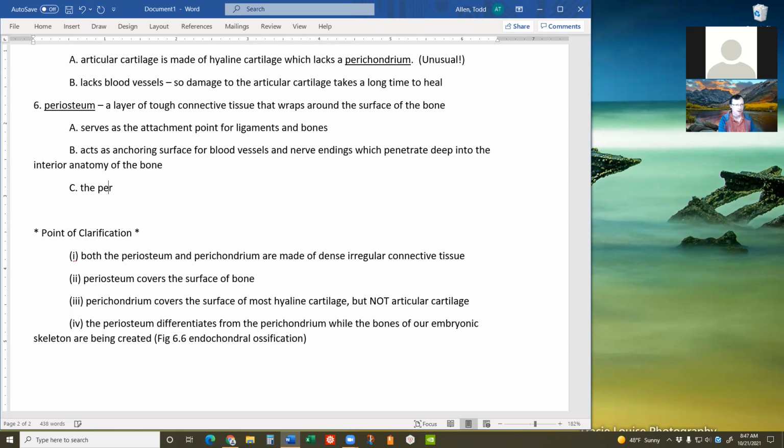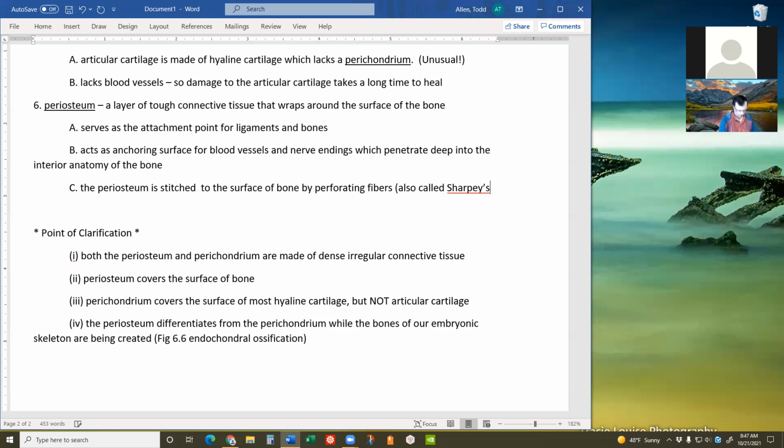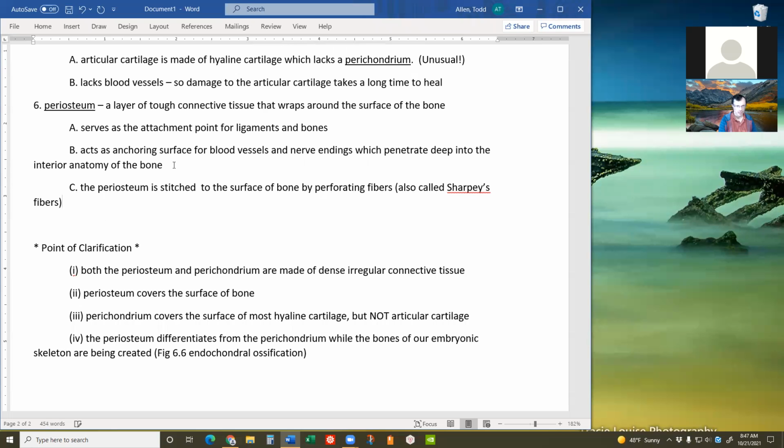The periosteum is stitched to the surface of bone by perforating fibers, which are also called Sharpey's fibers.